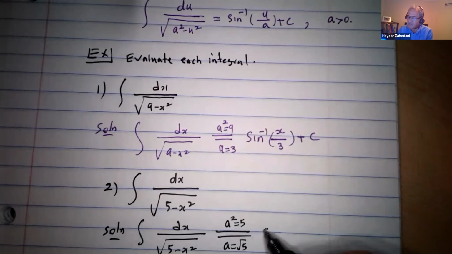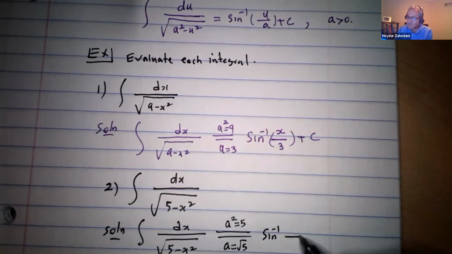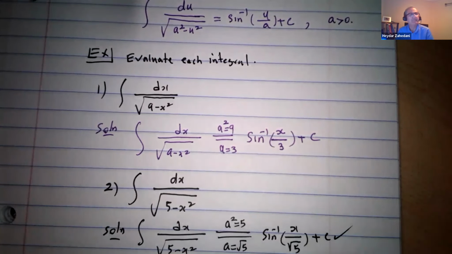So this would be sine inverse of x over radical 5 plus the constant c. We don't simplify it, we don't rationalize the denominator. We just write it down as is, with the radical 5 that we have.